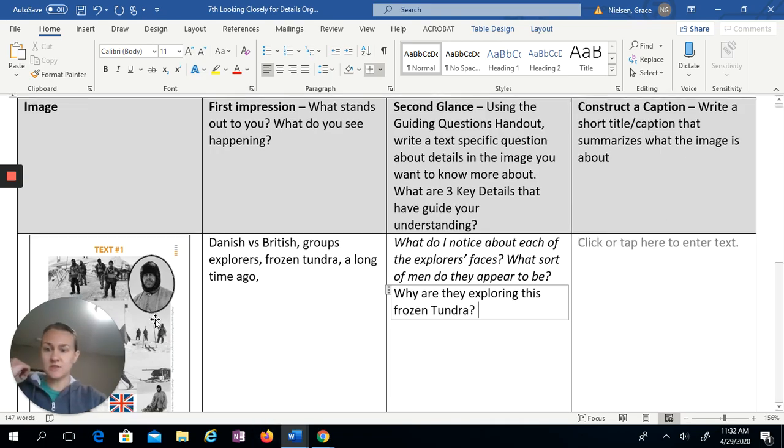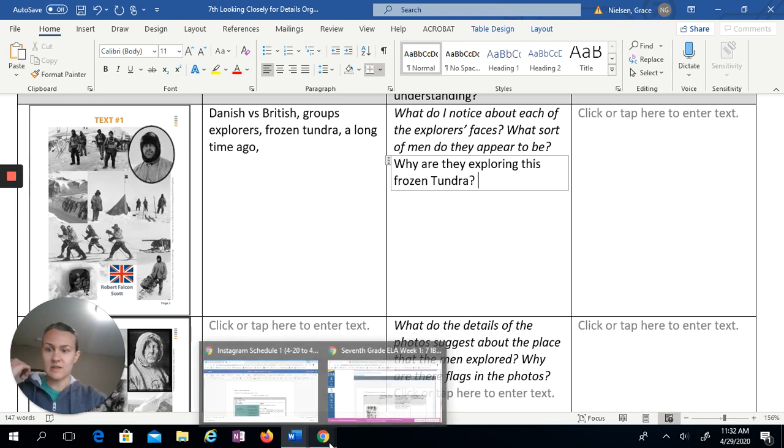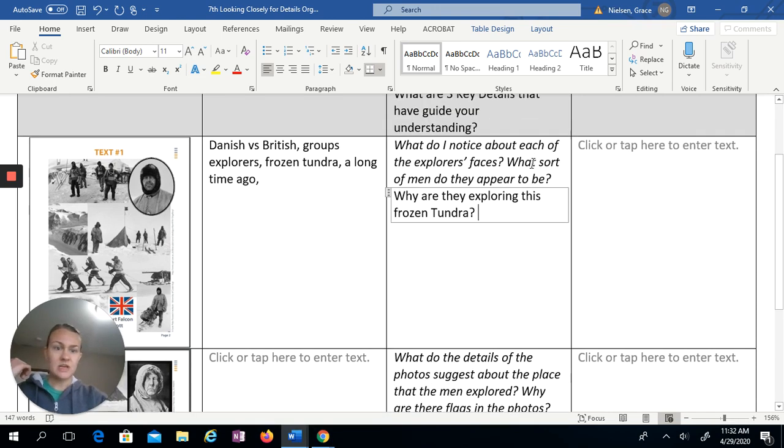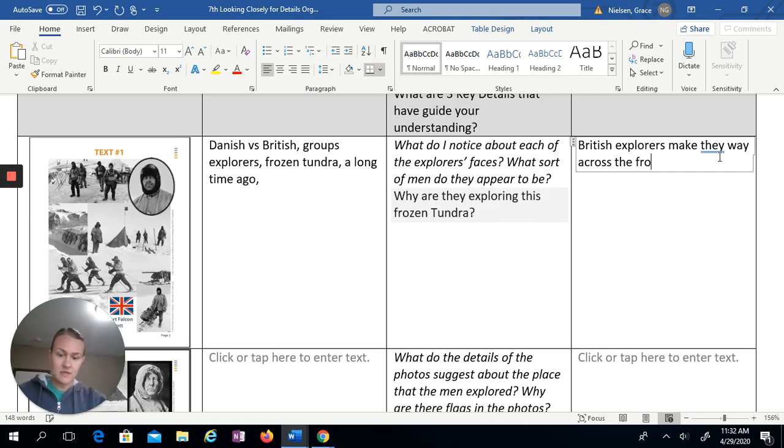Okay, so on this first one, this picture, this first page, here would be my caption, okay? British explorers make their way across the frozen and desolate, okay?